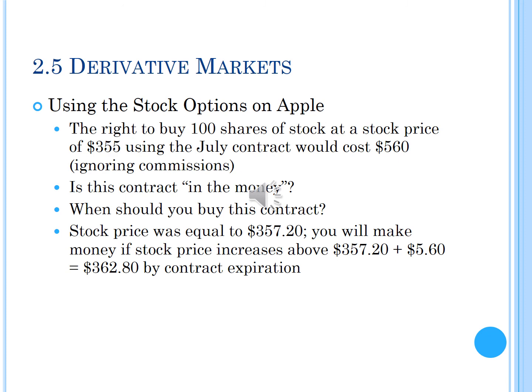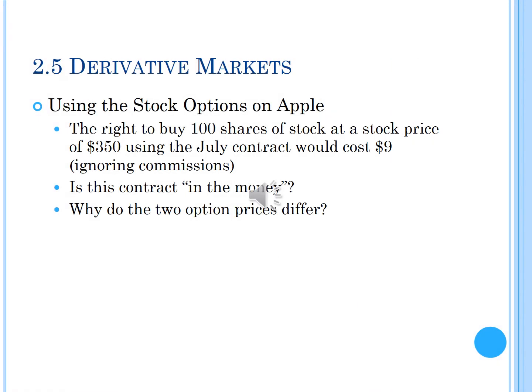All right. Now here's another scenario for you. Using the stock options on Apple, let's assume that you have the right to buy 100 shares of stock at the strike price of $350 using the July contract. Referring back to Figure 2.9 that we just looked at, you would see that the cost for such a contract would be $9 per share.